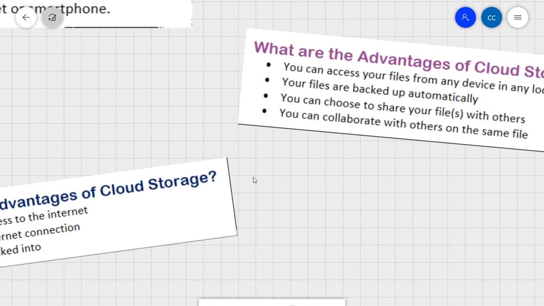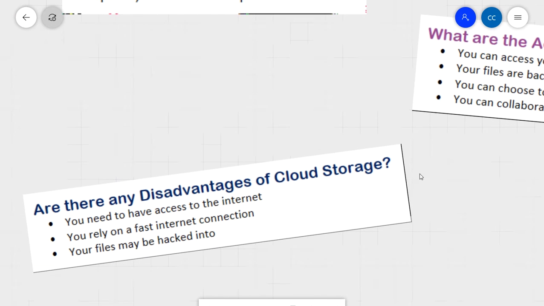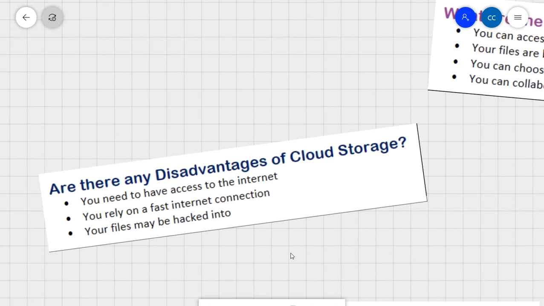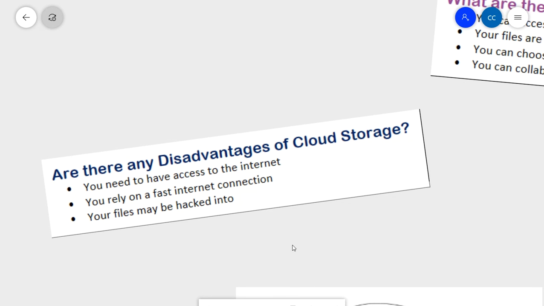Right, so if there's advantages, there must be some disadvantages to cloud storage. What are they? Well, the main disadvantage to cloud storage is you need to be able to access the internet. If you don't have a connection to wherever the server is on the internet, then you're not going to be able to get any of your files.